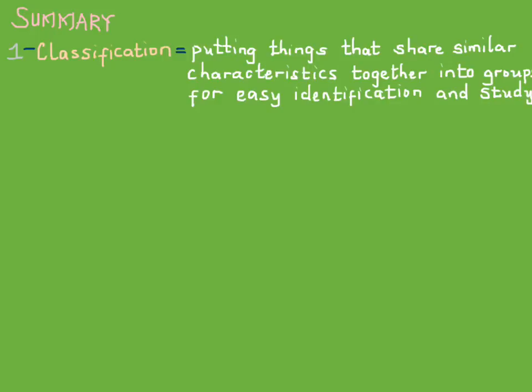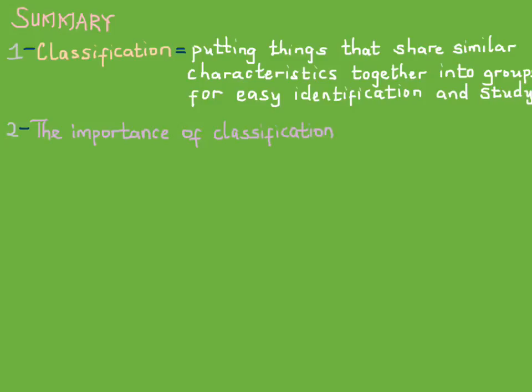We have come to the end of our lesson. Let's now do a quick review to find out what we have learned. In this lesson, we learned that classification is the putting of things that share similar characteristics into groups for easy identification and study.